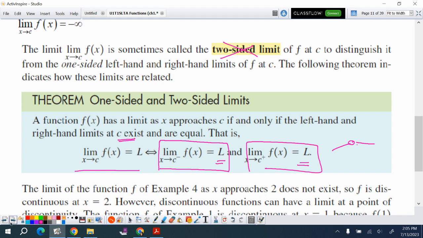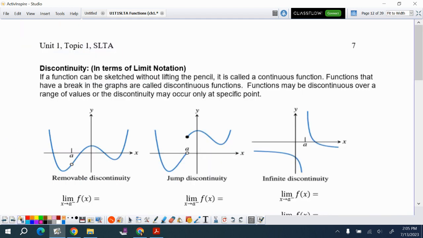Now let's take a look at the three different types of discontinuity on the other side. Discontinuity itself tells you that the function is not continuous. What's the definition of a continuous function? If you can sketch it without lifting a pencil, it's called a continuous function. Functions that have a break in the graph are called discontinuous functions.